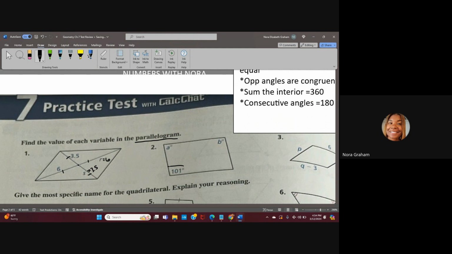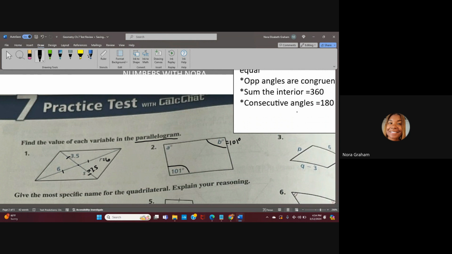Now let's look at 2. Now remember I said the opposite angles are congruent for a parallelogram. So that means that these 2 angles are opposite. They're going to be congruent. So B is going to be equal to 101 degrees. And then I'm going to use another one.